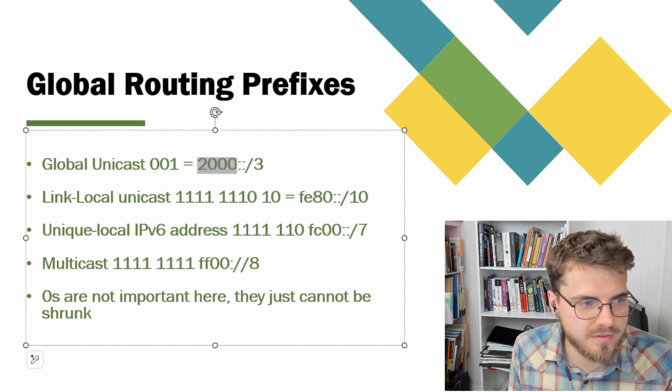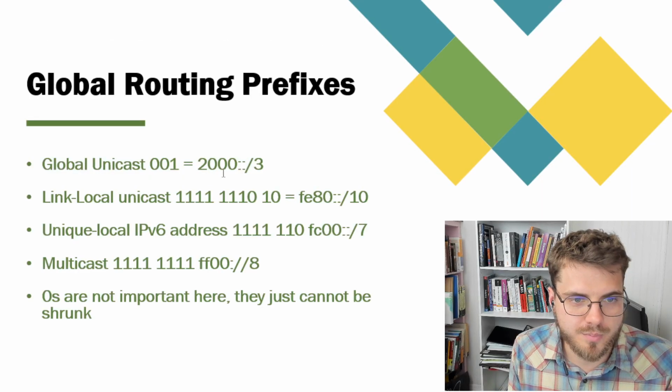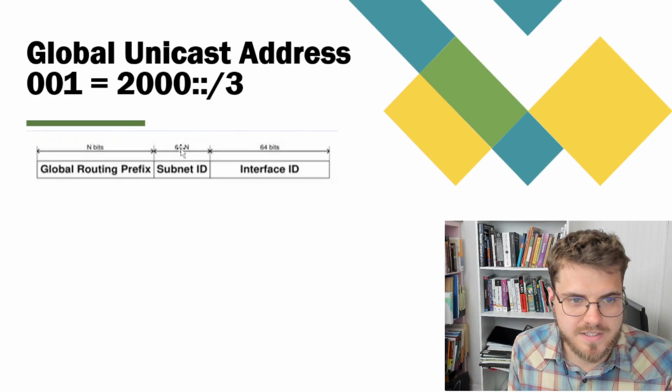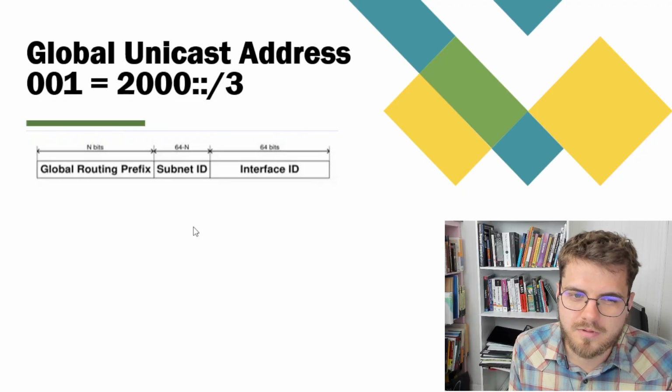So that's what it's going to start with. And then the rest of this is going to be the subnet ID. So whatever the difference is between the prefix and 64 is going to be the amount of space that the subnet ID allocates.